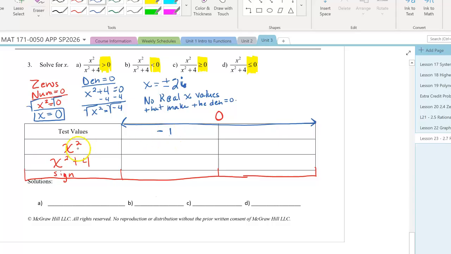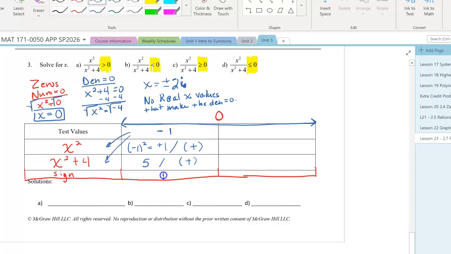If I plug negative 1 in here and square it, remember that negative 1 squared is equal to positive 1. And if I plug it in here, I'm going to get negative 1 squared, which is 1, plus 4, which is 5, which is also positive.